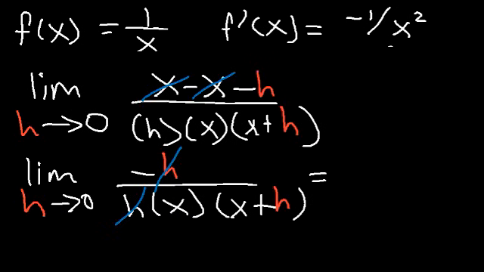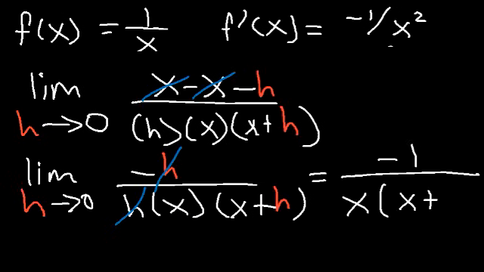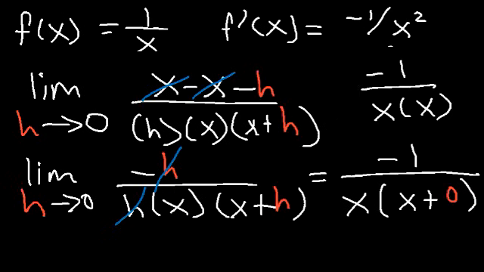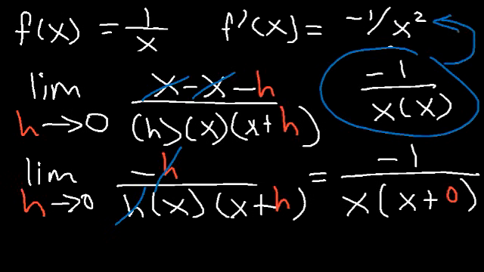So this is going to be negative 1 divided by x times x plus 0. X plus 0 is the same as x times x, which is x squared, so negative 1 over x squared is the derivative of the function. So we have the answer.